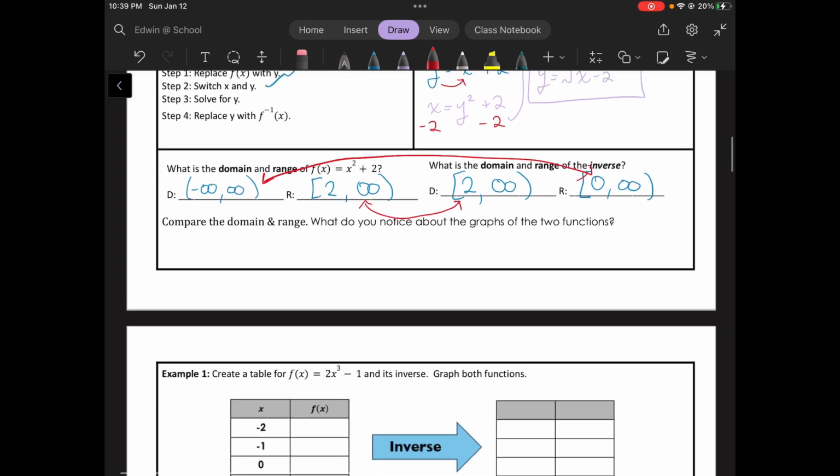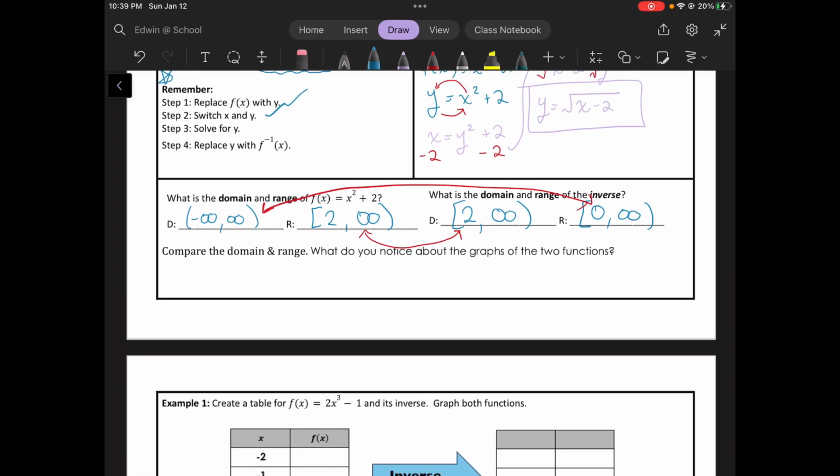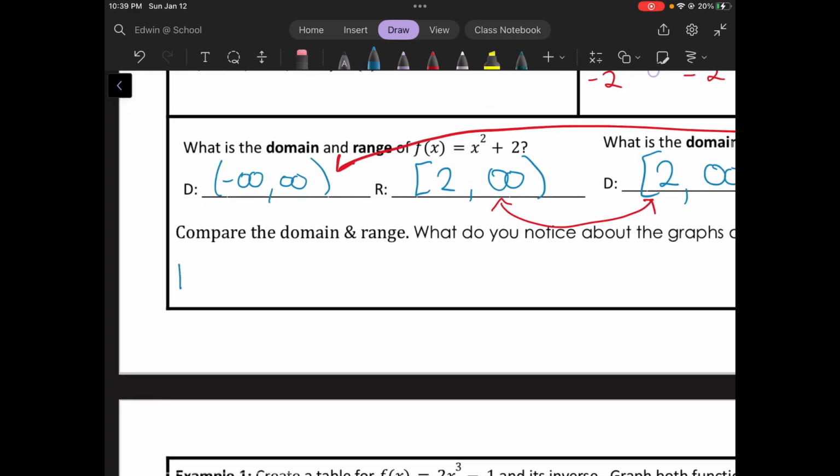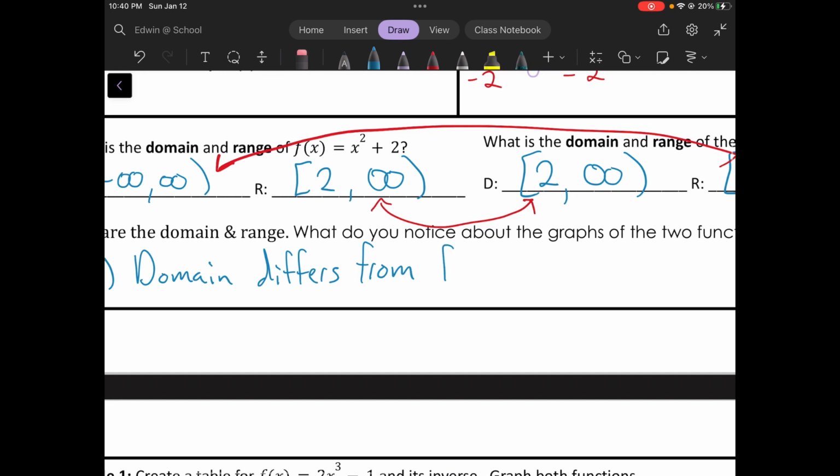And the reason that is, is because we had to chop off the bottom part of the function. So what we're going to say is that the f of x domain differs from the f inverse range.